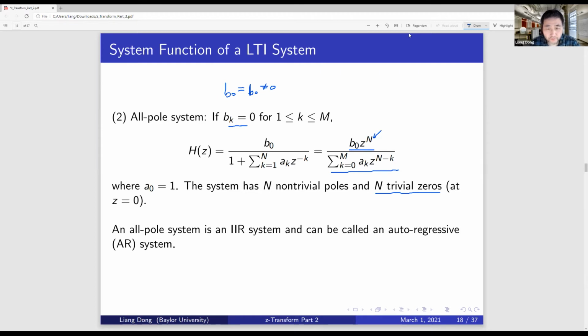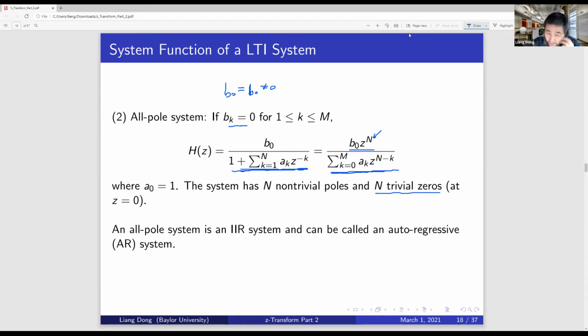And I have n non-trivial poles, which is shown in here. This is an all-pole system in a normal format. If we write into this format and only count these non-trivial poles, we find I have only poles, there's no zero. It is an all-pole system.